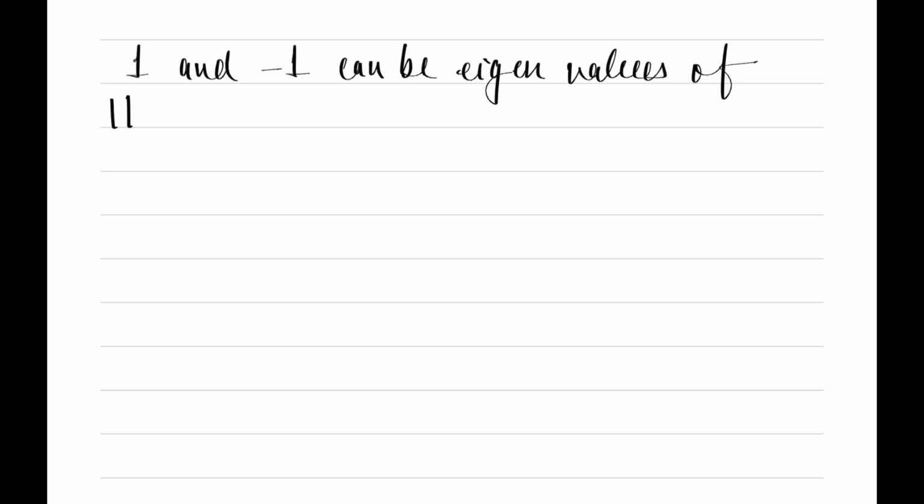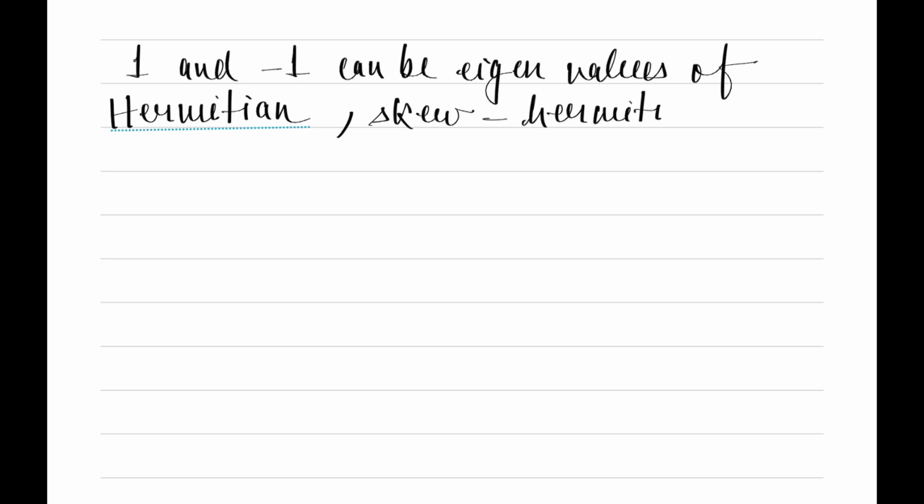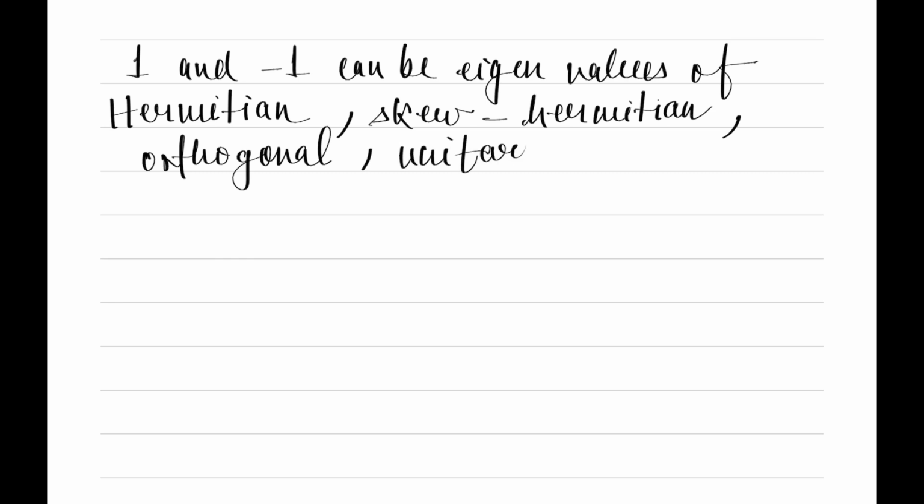Now 1 and -1 can be eigenvalues of Hermitian, skew Hermitian, orthogonal, unitary matrix.